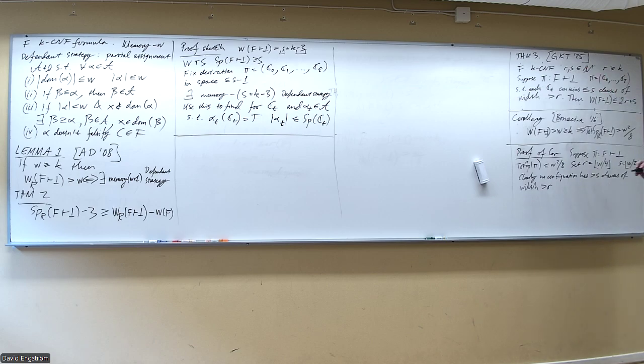Okay, but now let's use the theorem. Hence, the width of refuting F is less than 2R plus S, which, as it happens, is W.